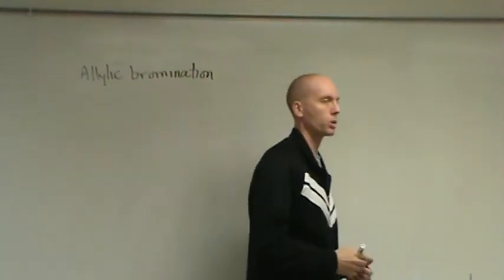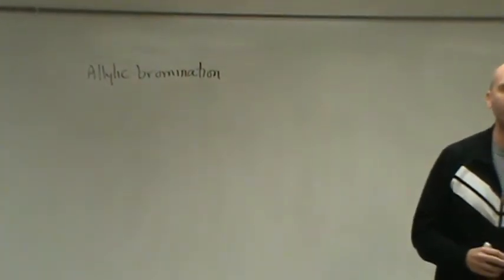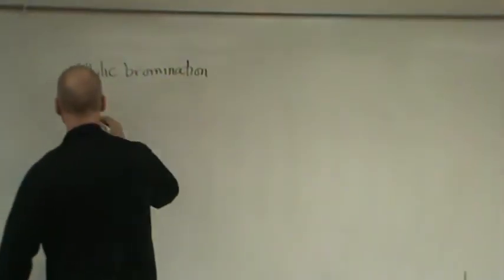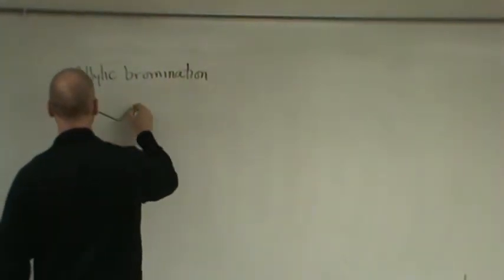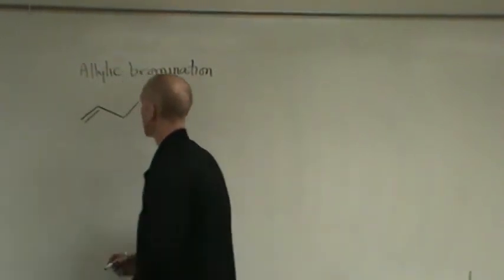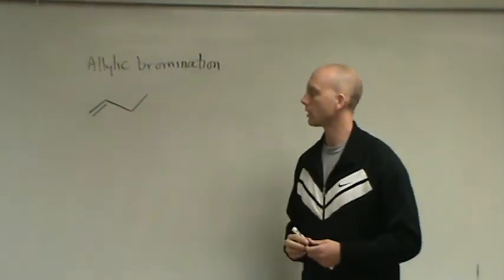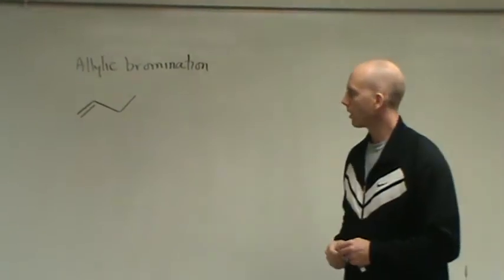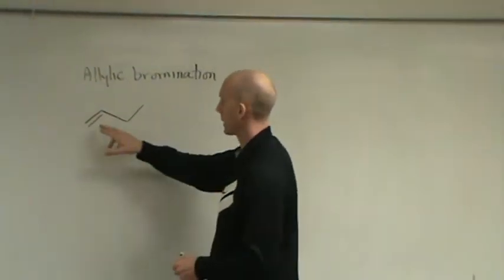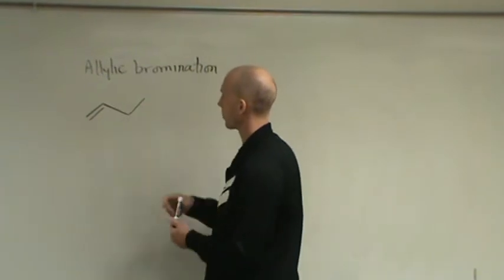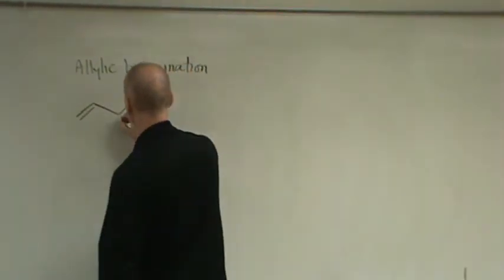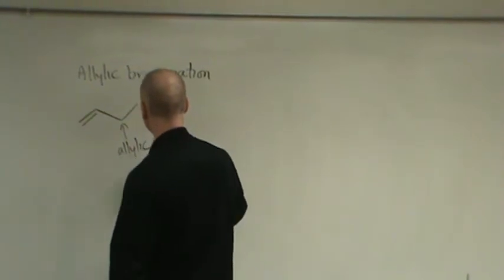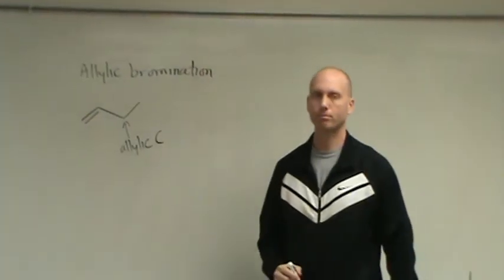Here we're going to look at what's called allylic bromination. Let's draw an alkene, something like that. When we have a double bond, the carbon next door to the double bond is the allylic carbon.